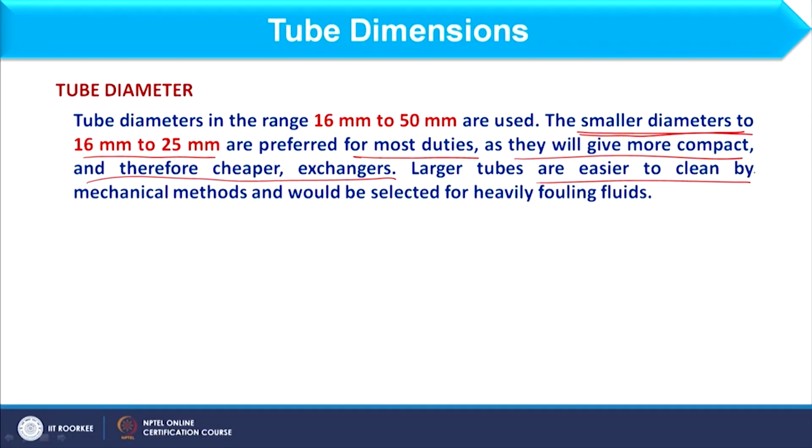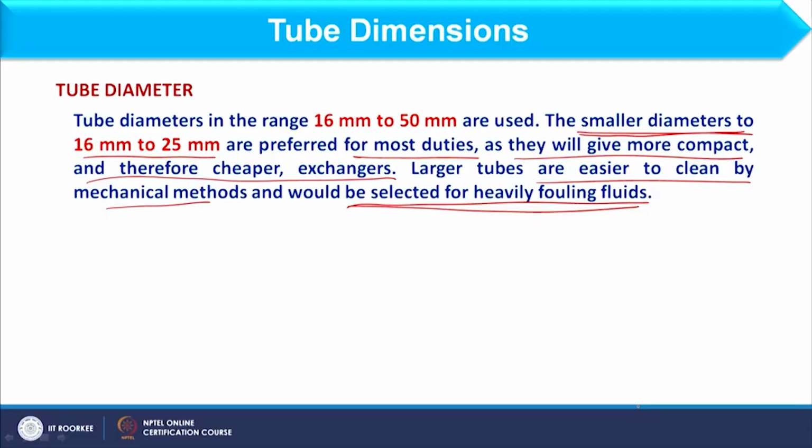On the other hand, if I am considering larger diameter tubes, these are easy to clean by mechanical methods and we can handle heavily fouling fluids in larger tube diameters easily. Okay. However, the optimum range should be 16 mm to 25 mm. So, you have to choose the diameter accordingly.